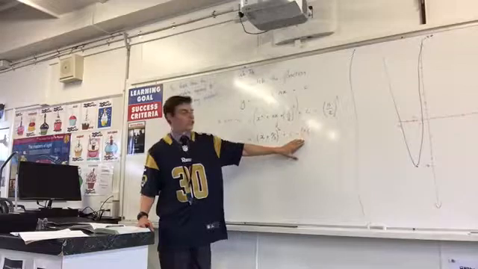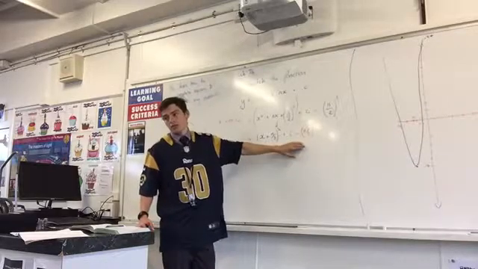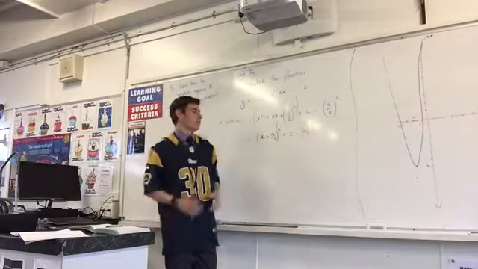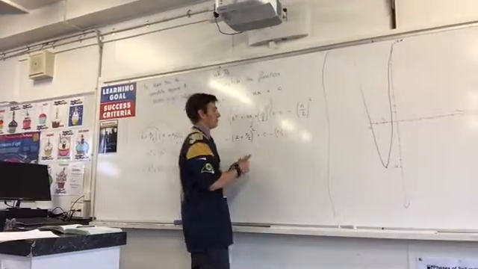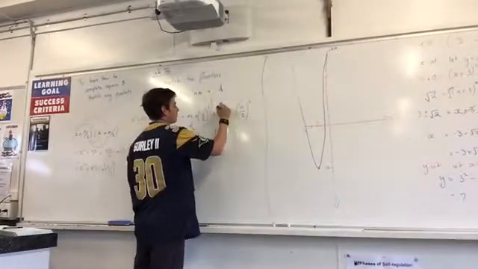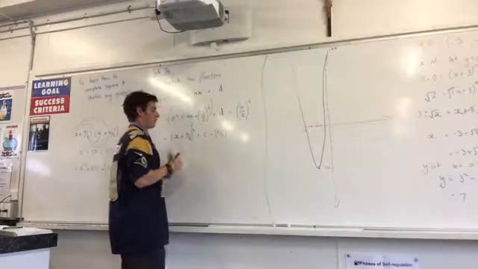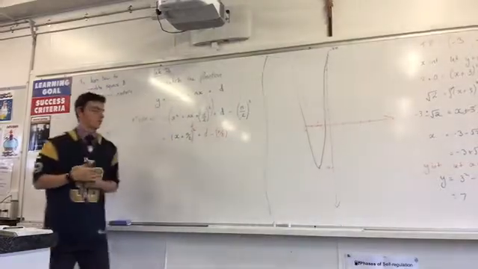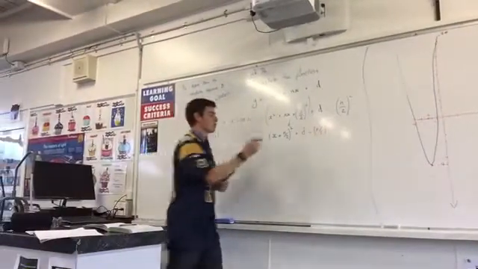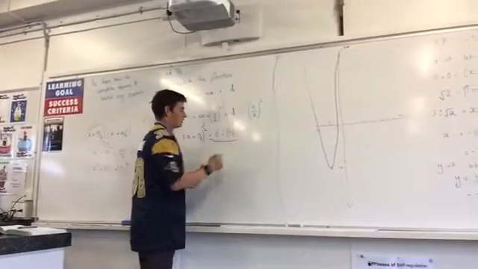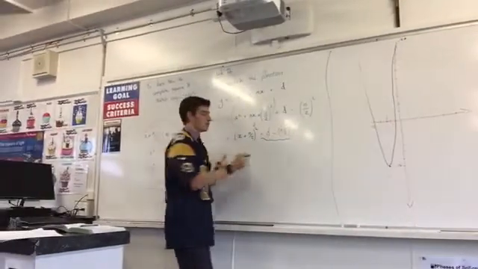Our c value from y equals ax squared plus bx plus c. I'm going to make this equal d. Make this equal d in your books. D. Why d? Because these two numbers together are going to be our c value.